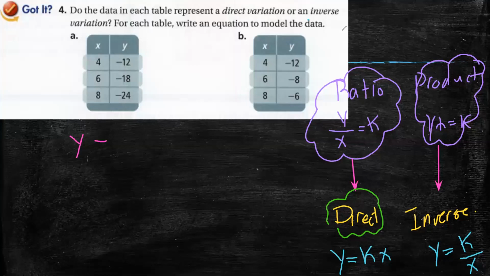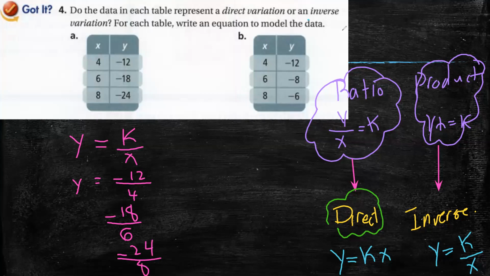So direct means if you divide y over x, they are a constant. So negative 12 over 4, or negative 18 over 6, or negative 24 over 8. Negative 12 over 4 is negative 3. Negative 18 over 6 is negative 3.